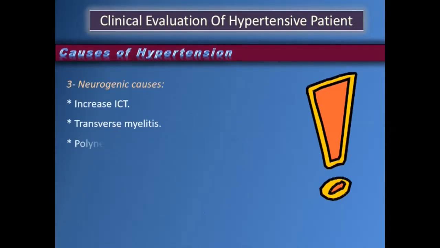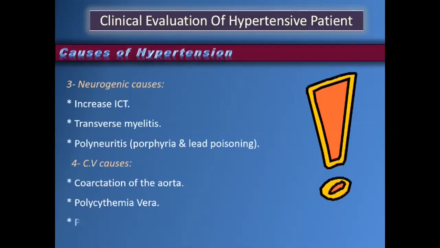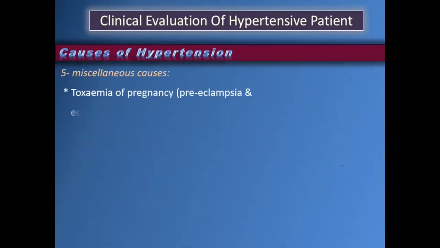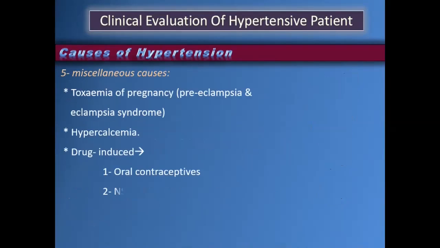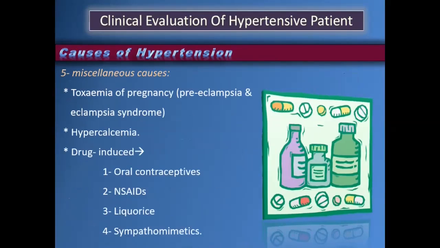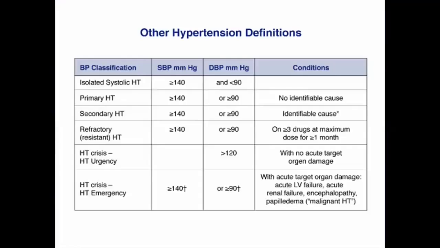Neurogenic causes are due to increased intracranial tension, cardiac causes due to coarctation of the aorta and polycythemia, toxemia of pregnancy, and drug-related hypertension. The commonest drugs in our Egyptian market are oral contraceptive pills, non-steroidal anti-inflammatory drugs, and sympathomimetics.